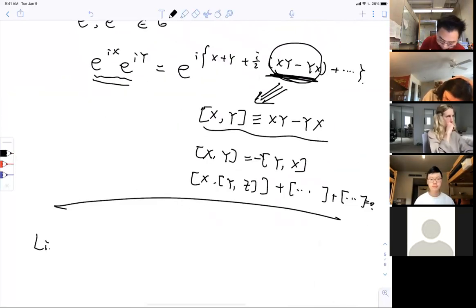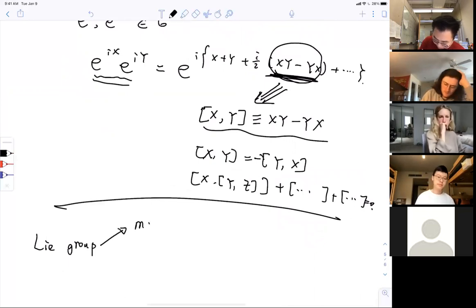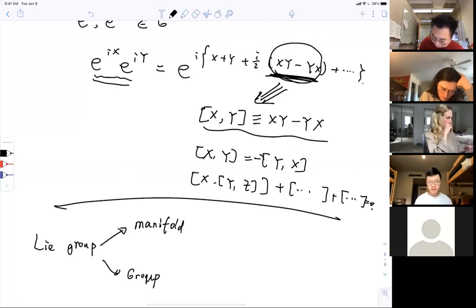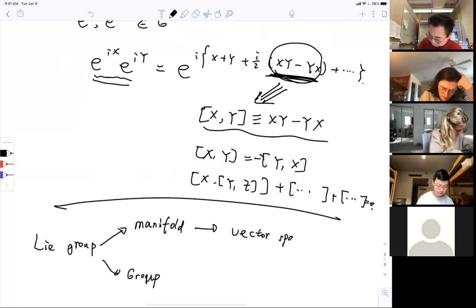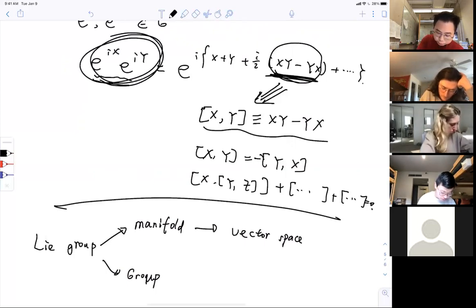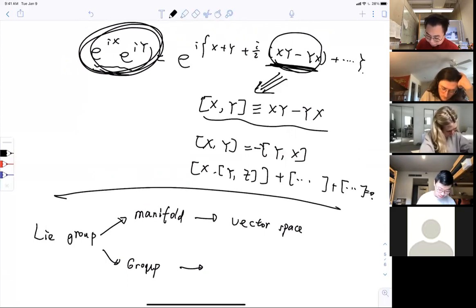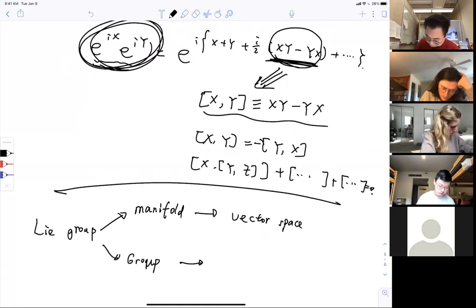So remember, a Lie group first is a manifold. It's also a group. So the manifold gives us the vector space. So far, we don't know what the bilinear operation is, but when we look at the group structure, we do the multiplication, and naturally it will induce a Lie bracket, or a bilinear operation.